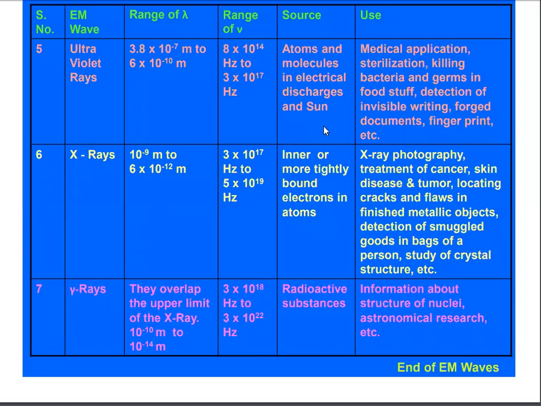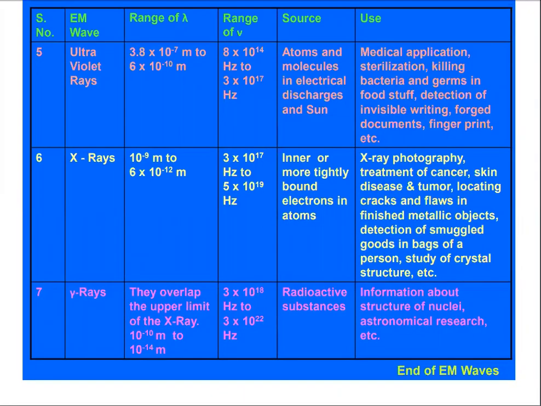The inner structure of material can be analyzed with the help of gamma radiation. It is also used in astronomical research, to detect the basic cause of the formation of planets and stars.